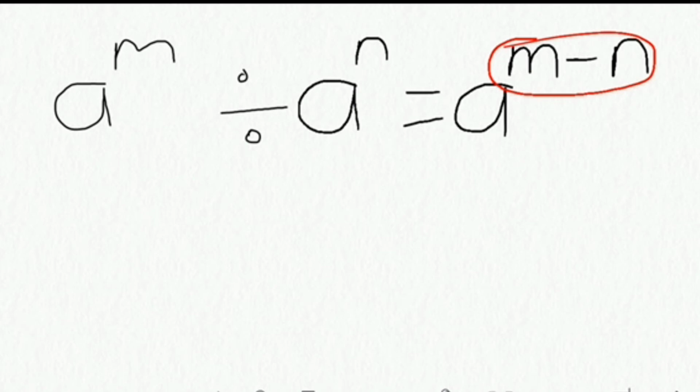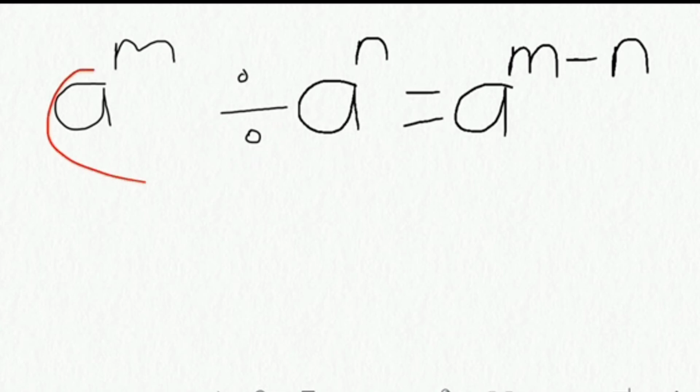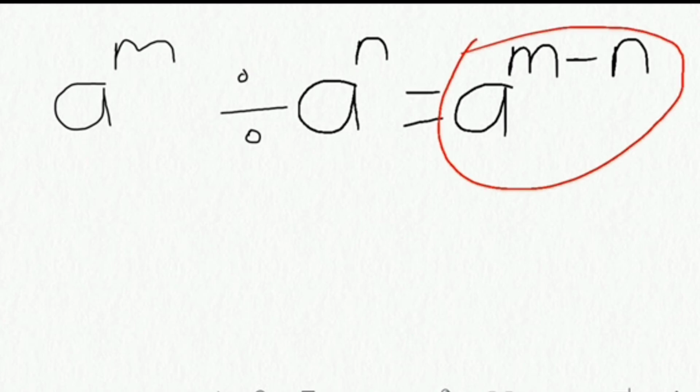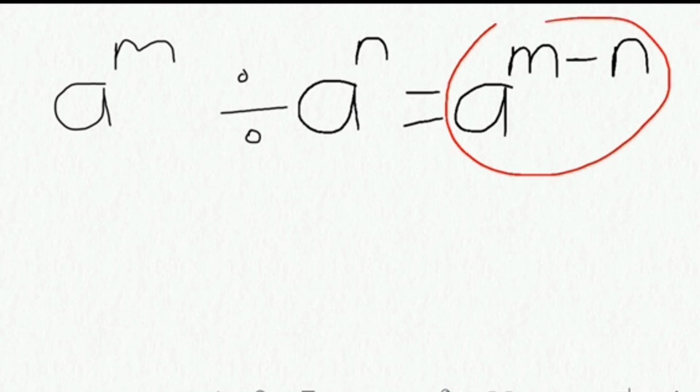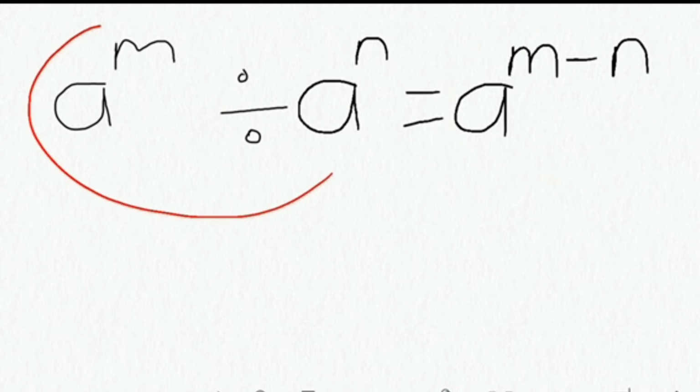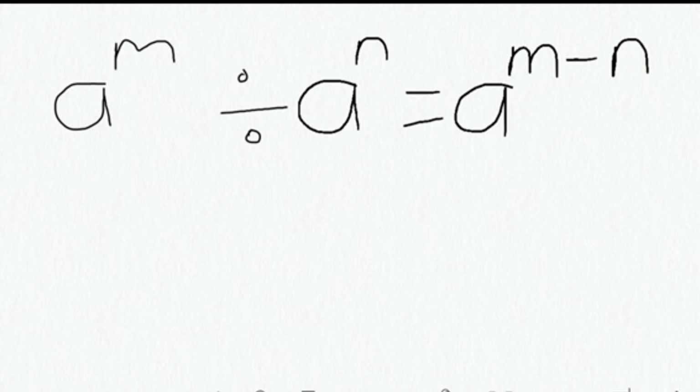You must only do that when there's a division sign and the bases are the same. a to the power m divided by a to the power n is the same as a to the power m minus n.